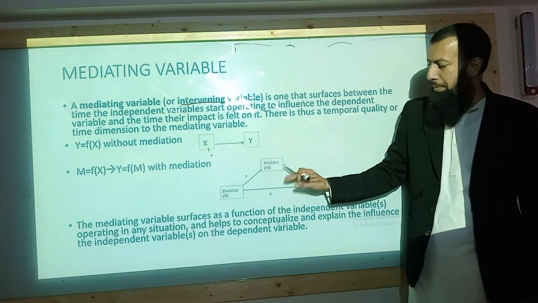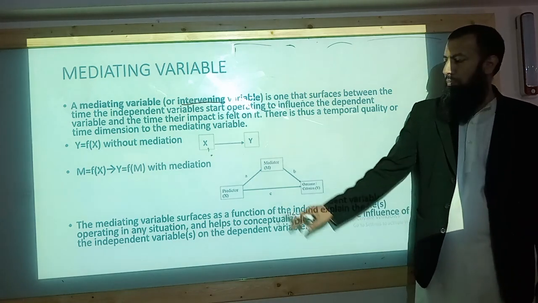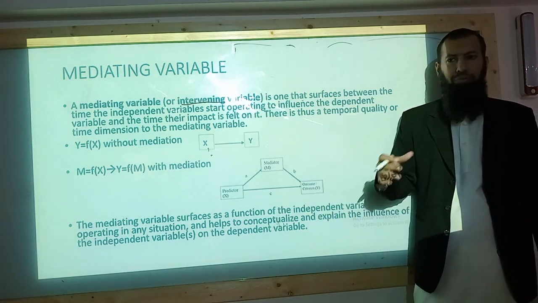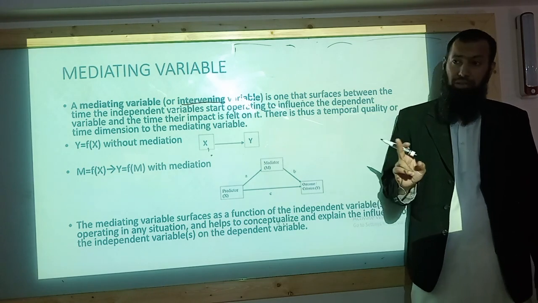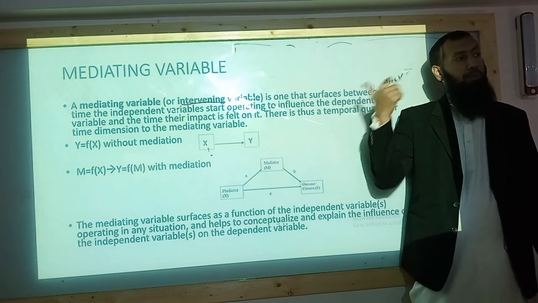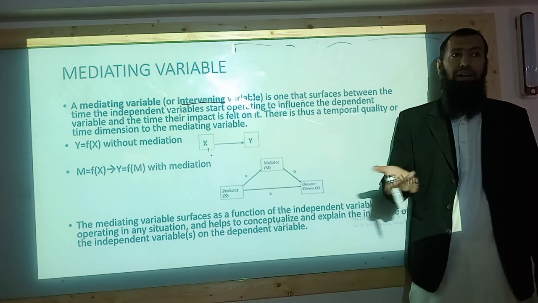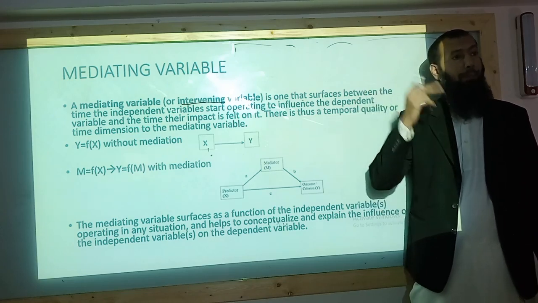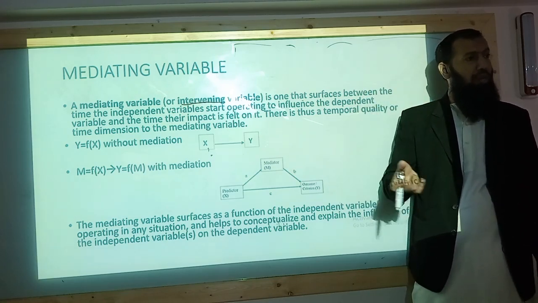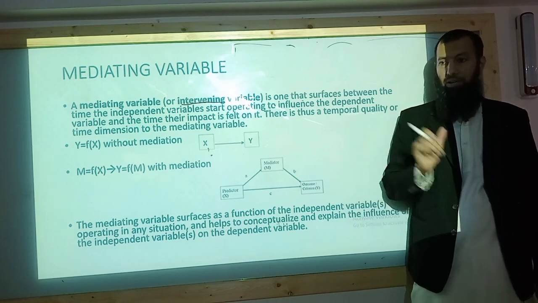So you see x and y, and there is a mediator over here. Like the moderating variable, it is not necessary that they have an existing relationship, but the relationship is possible when there is a mediating variable in between.